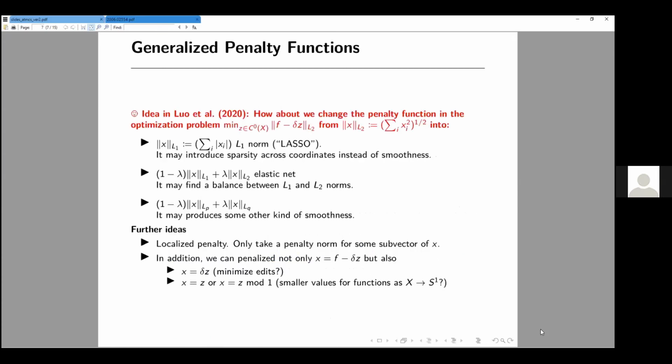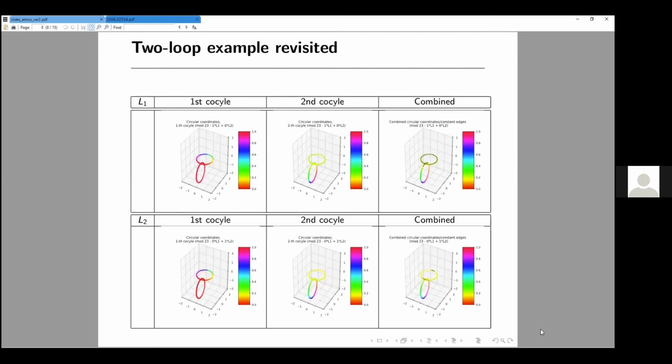Now, a lot of theoretical setup has been done. We should look at some real examples. So let's look back at the 2-loop and 2-donut example, which we showed before using principal component analysis. In the first row, we show the circular coordinates penalized by L1 norm.